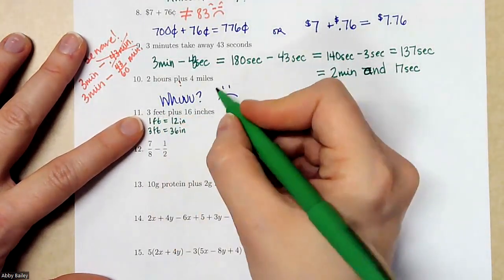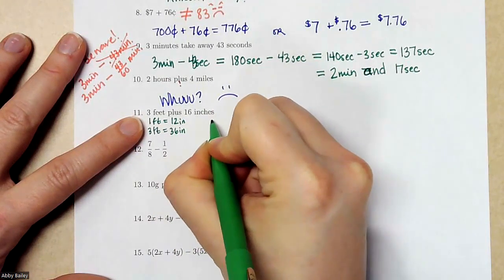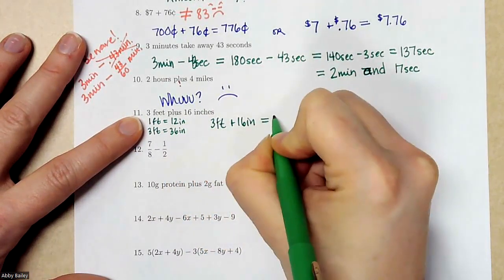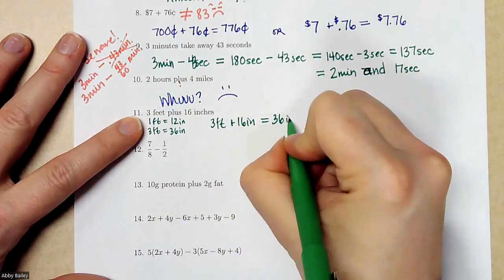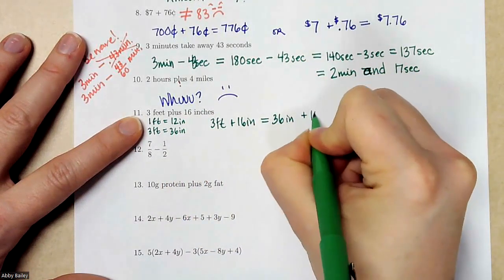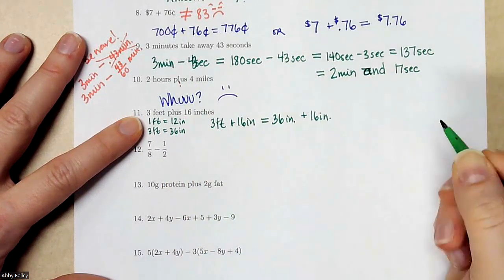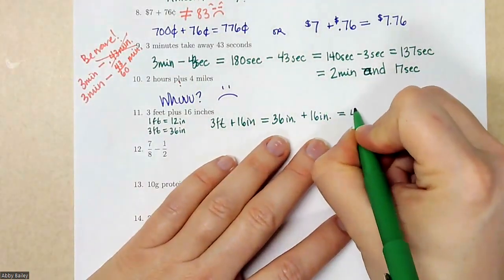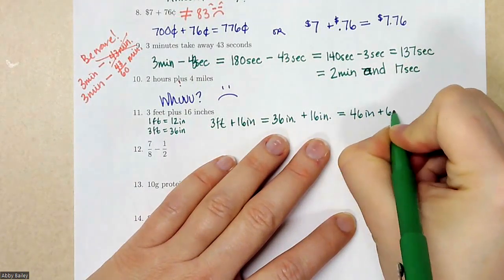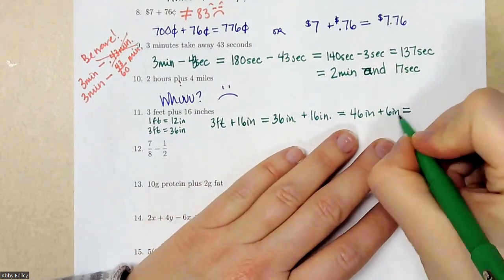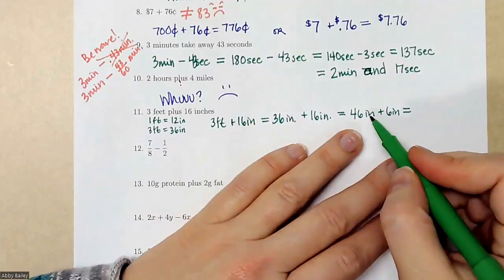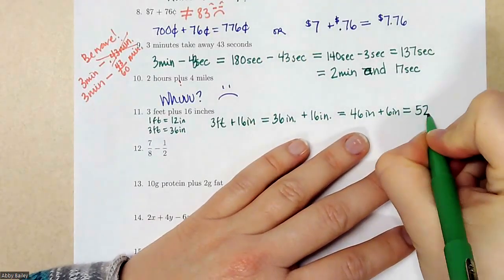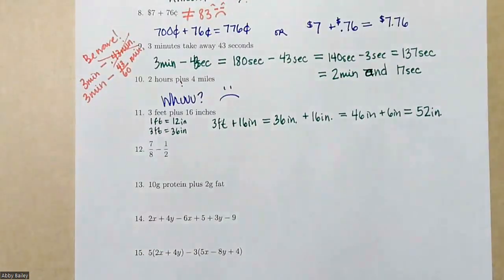So 3 feet plus 16 inches is equal to 36 inches plus 16 inches, which is equal to, add 10, and I would have 46 inches, plus 4 to get to 50, and then 2 more, so 52 inches.